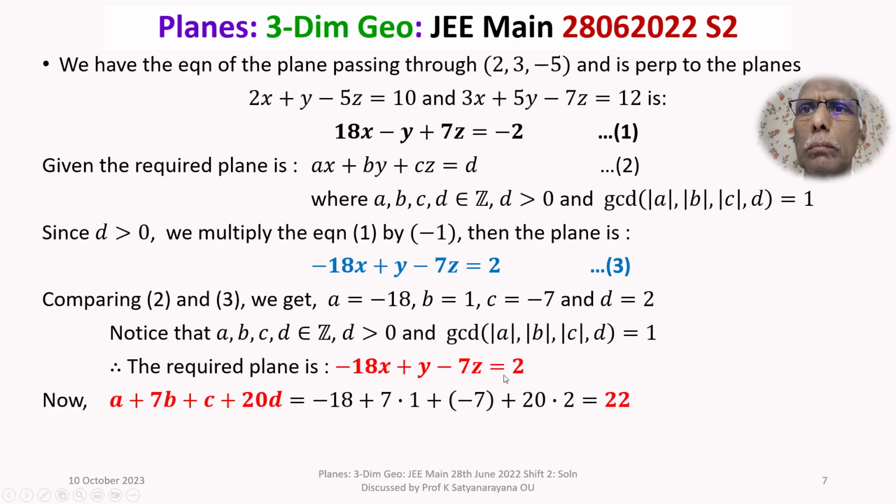So 7 minus 7 cancels, and this is 40 minus 18, that is equal to 22. Thus the value of a plus 7b plus c plus 20d is 22.